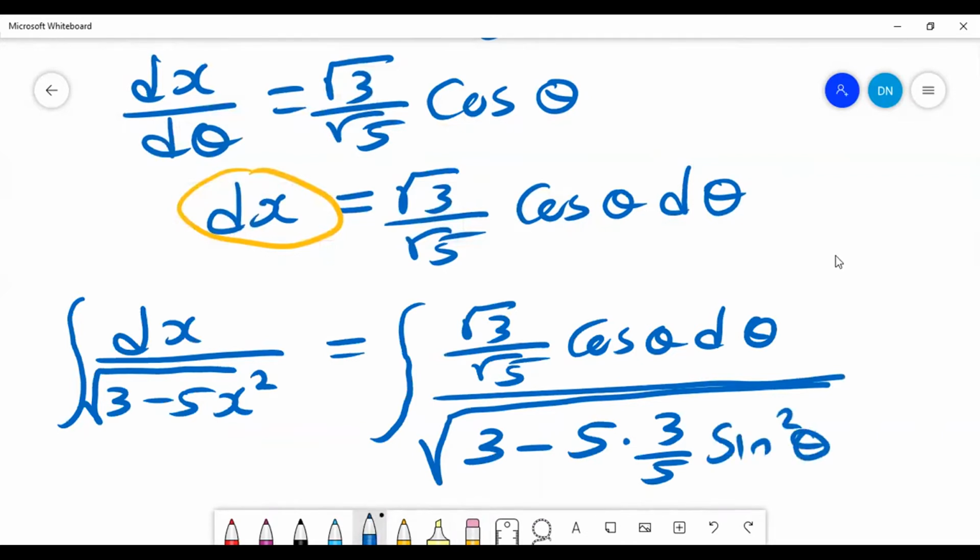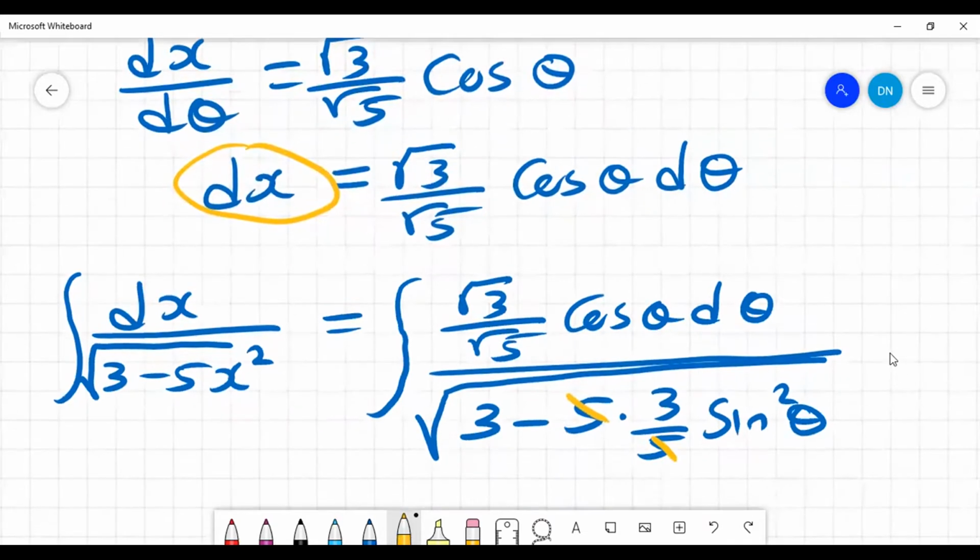Now you understand why I took the square root of 3 over square root of 5 times sine theta as my x, so that when I square, it becomes 3 over 5. Now you can see the 5 and the 5 cancel. These 3 and that 3 are common to each other, so I'll be able to take it out. I'll be left with 1 minus sine squared theta.